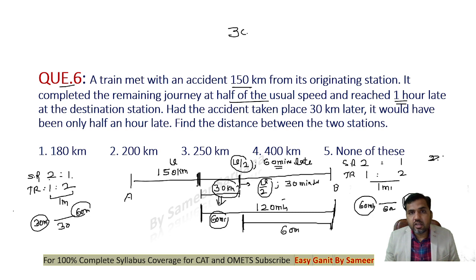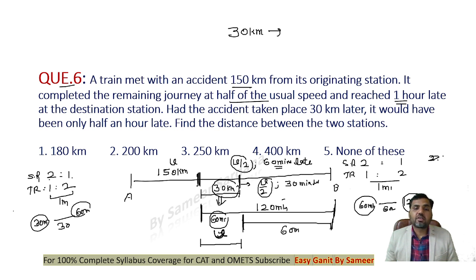You can see that this 30-kilometer distance is traveled in 60 minutes, right? And this is happening at the normal speed, guys, because in the second case, this whole distance is traveled at a normal speed.